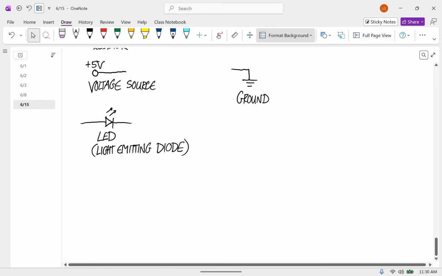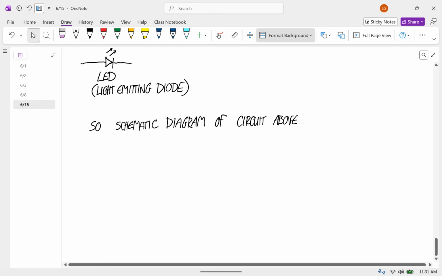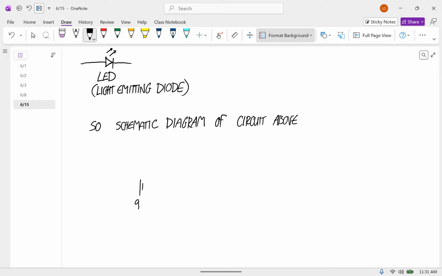Okay, so if we put these together into a schematic diagram of the circuit that we just put together, the schematic diagram of the circuit above, we would have the battery down here. And in our case, that's 9 volts, so I'll write that.